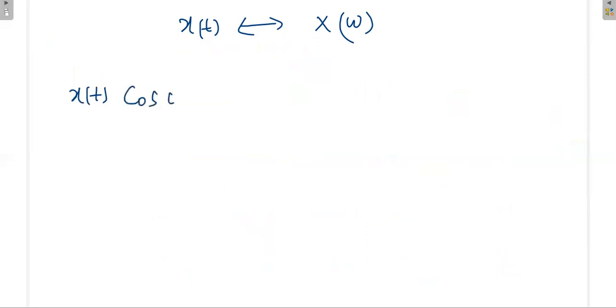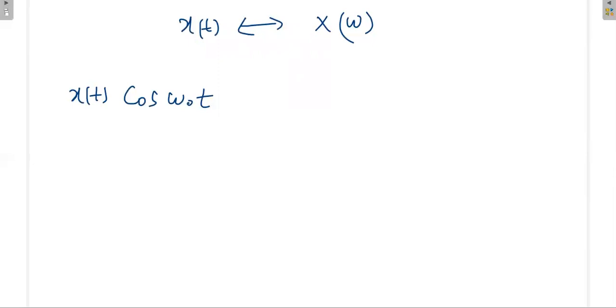Suppose you have a signal x(t), whose Fourier transform pair is X(omega). Once you multiply that message signal with cos omega naught t, what is the assumption here?